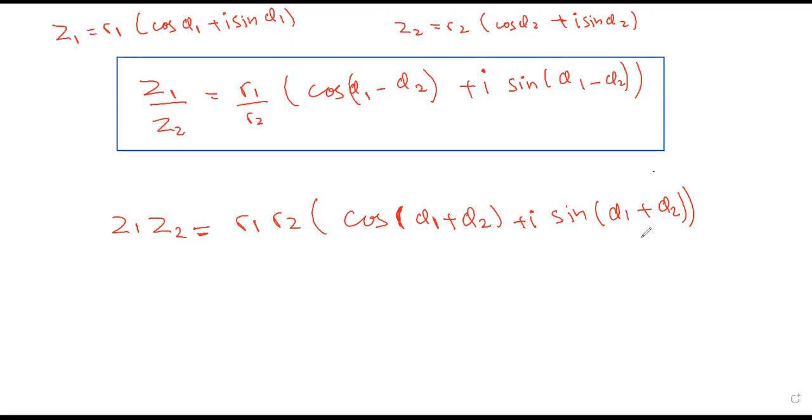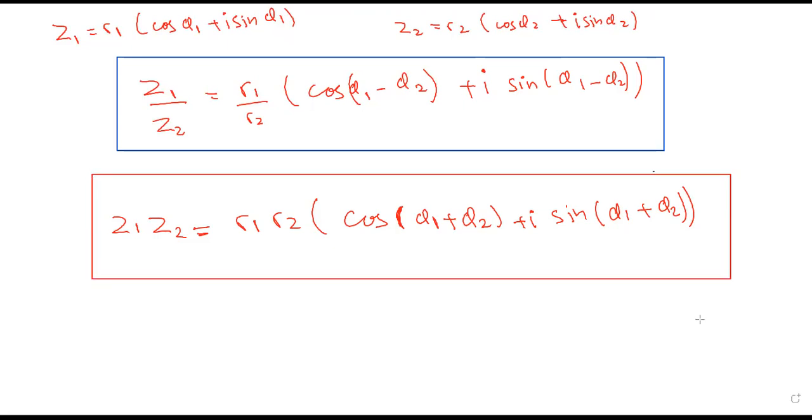I wrote these down together so we can compare. When dividing, you divide R1 by R2; when multiplying, you multiply R1 by R2. Everything is the same except the signs: we have minus in division and plus in multiplication.